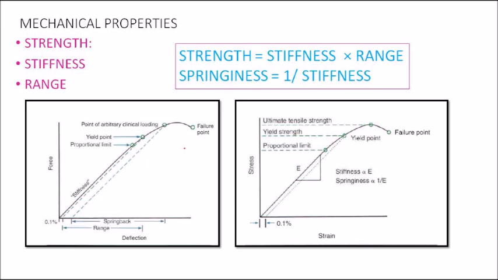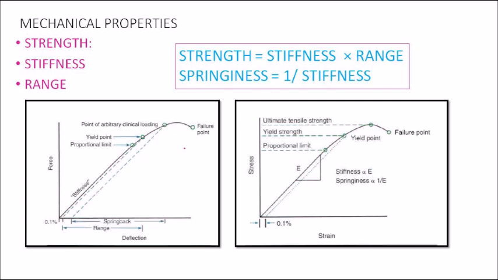Now clinically, one more thing that you have to notice here is the spring back. Clinically, spring back occurs if the wire is deflected beyond the yield point. So if the wire is deflected beyond the yield point, there will be clinically useful spring back. Here it is loaded as the point of arbitrary clinical loading. That is the point at which clinically useful spring back occurs.